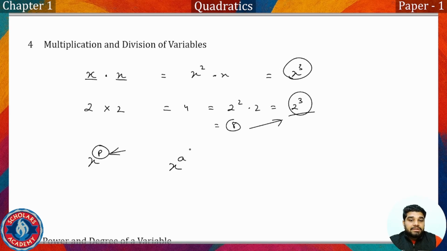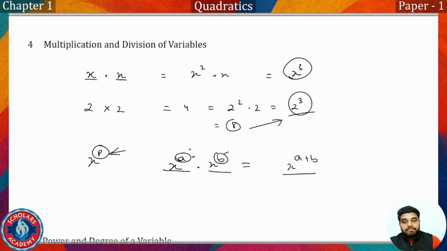So x to the power a times x to the power b will give us x to the power a plus b. In multiplication, powers are being added over here.